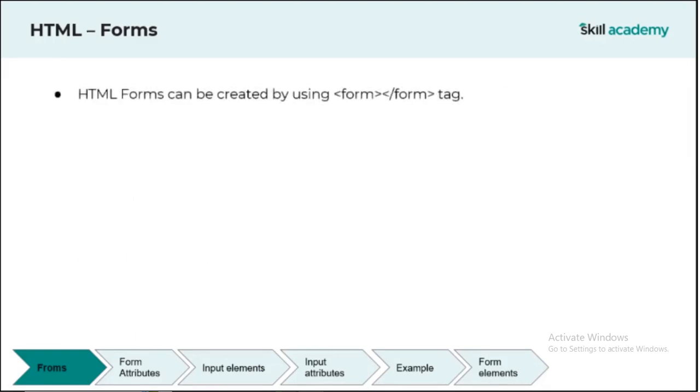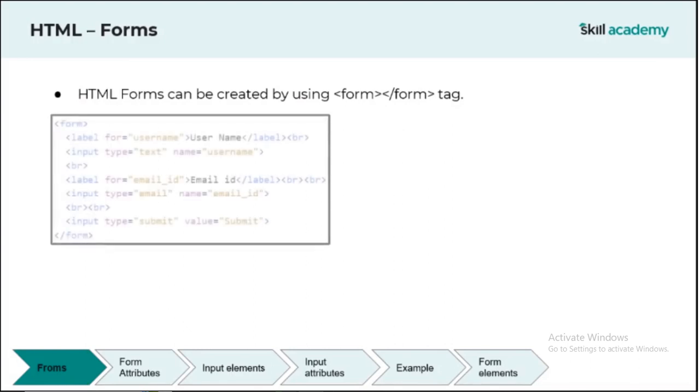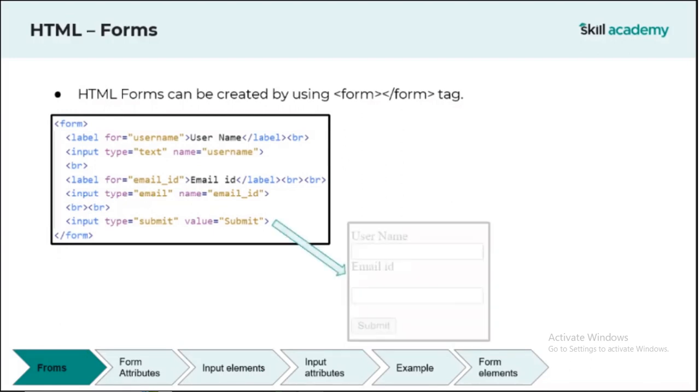HTML forms can be created by using the form tag. Okay, if you want to design a feedback form, contact us form, login registration form, very easily you can use this form tag. Let me show you a quick example of it. The moment when you write this piece of code in an HTML file, you will have this output.